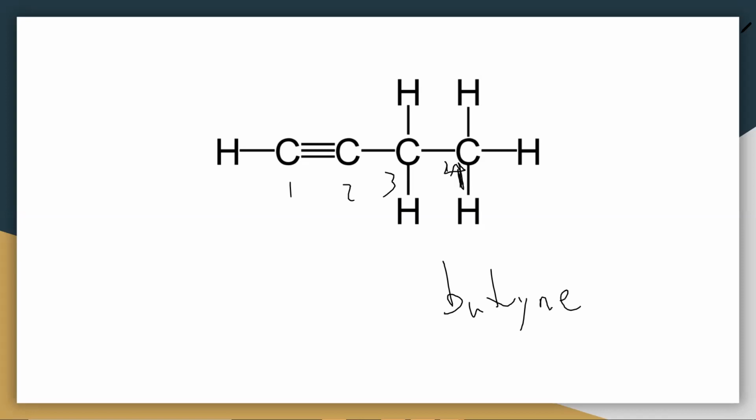The triple bond is on the first carbon, so it's 1-butyne. That is all you have to do to name these things. Not a lot of moving parts, no weird stuff. If you know the first 10 hydrocarbons, like I gave you a couple of days ago, and you can count, you can do this.